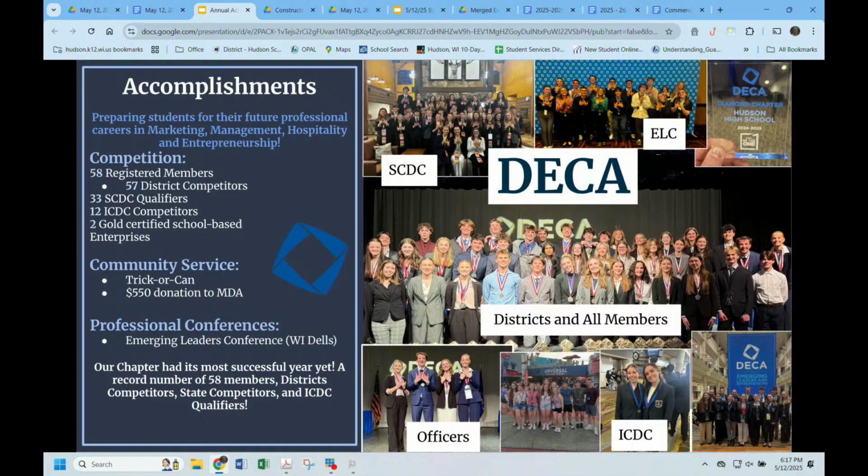Two years ago, my freshman year, we had only sent 20, so this is a huge improvement for us. Also, at the state competition, we were recognized as one of the top community service chapters in the state, meaning we raised some of the most money for the Muscular Dystrophy Association, and participated in overall community activities.